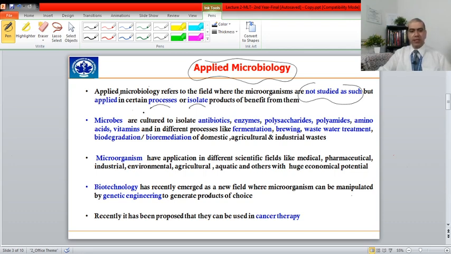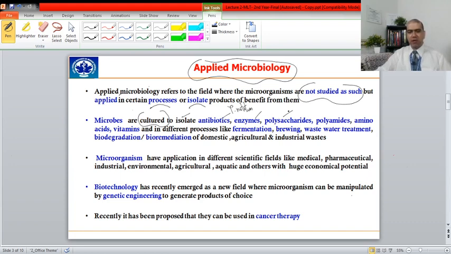So we can culture microorganisms so that we can isolate things like antibiotics from them, penicillin, for example, isolated from the mold Penicillium notatum. We have different kinds of enzymes, for example, polysaccharidases, proteases, which are being isolated from the microorganisms.